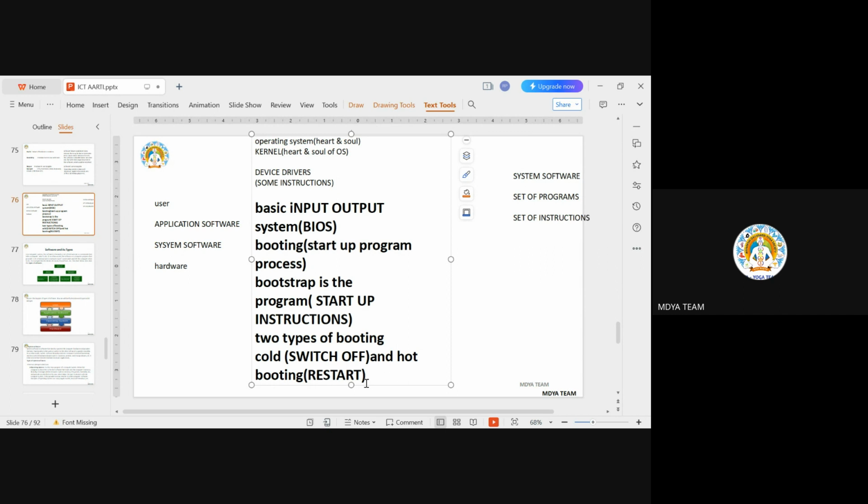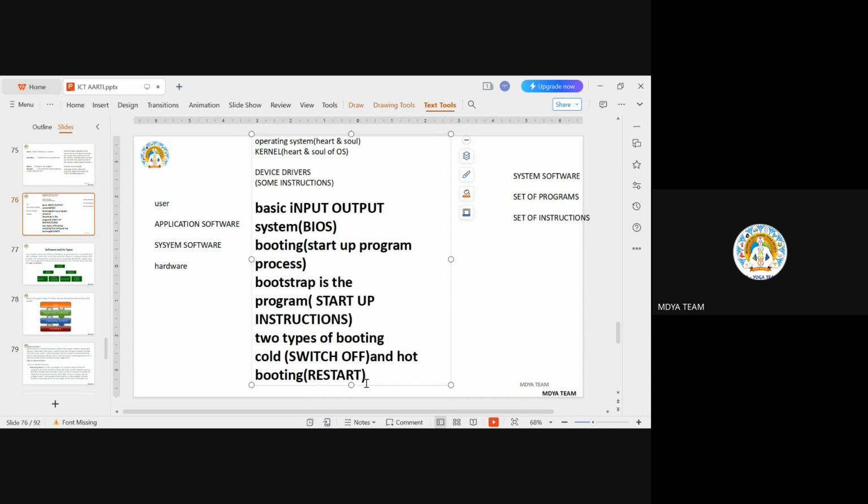Different types of instructions are written in the kernel regarding device drivers and devices, and how to interact with the hardware and user.